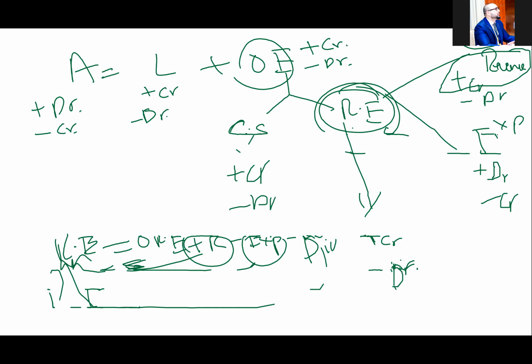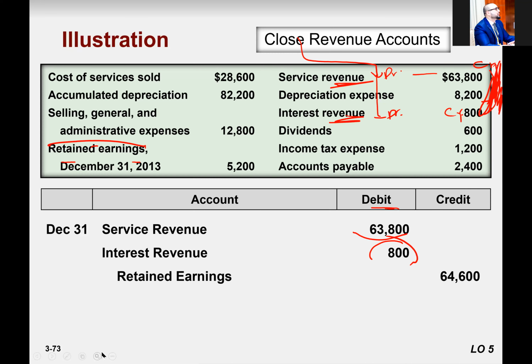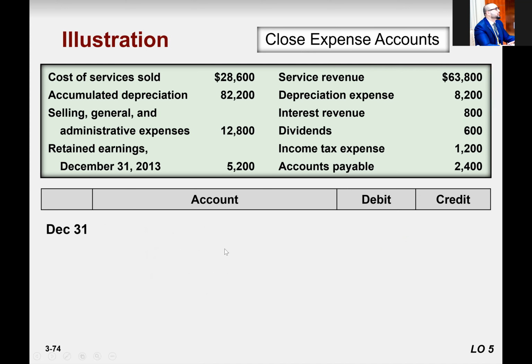So that is the logic behind that one. Why don't we close with the balance sheet or income statement or the other accounts? Because the nature of these revenue, expense and dividend, they belong to retained earnings. So that's why we are using retained earnings as the closing account. Understand everyone? How about the expense?